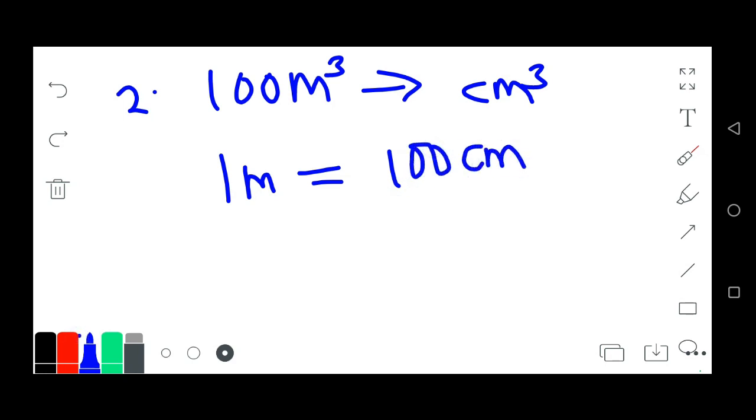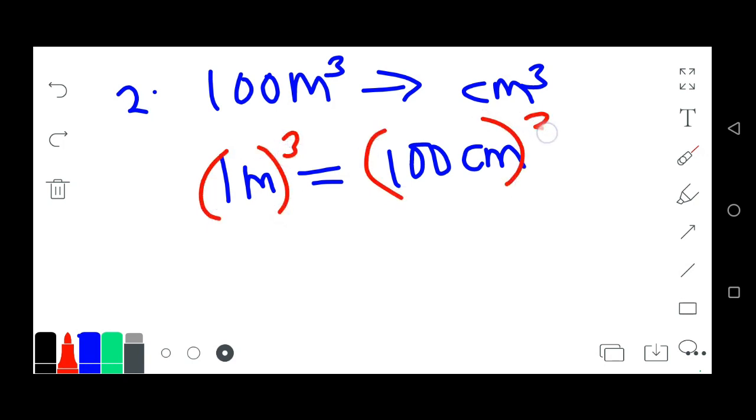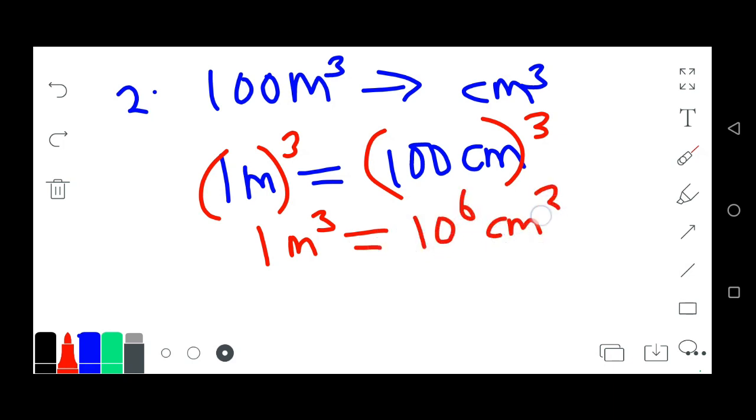And then since you are dealing with volume, you have to cube both sides, which can just be 1 meter cubic is equal to 10 to the power 6 cubic centimeters. So that's what you can do.